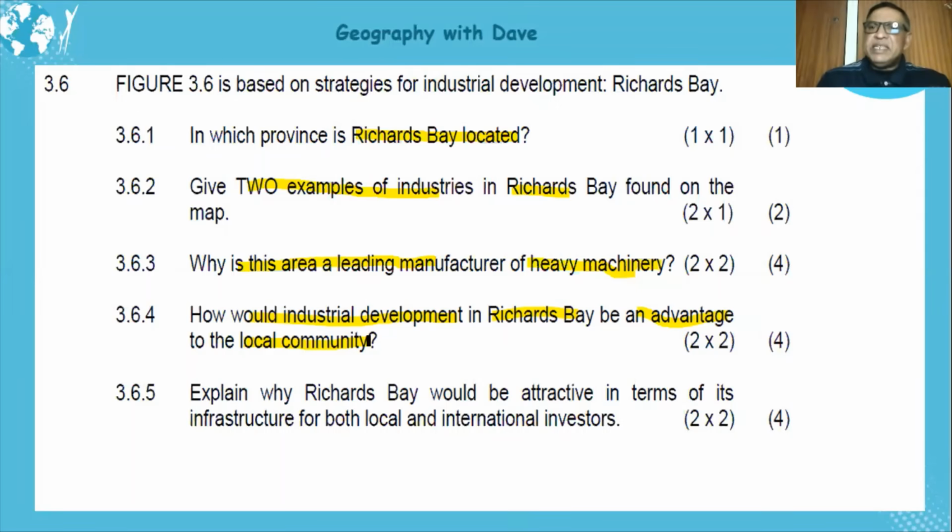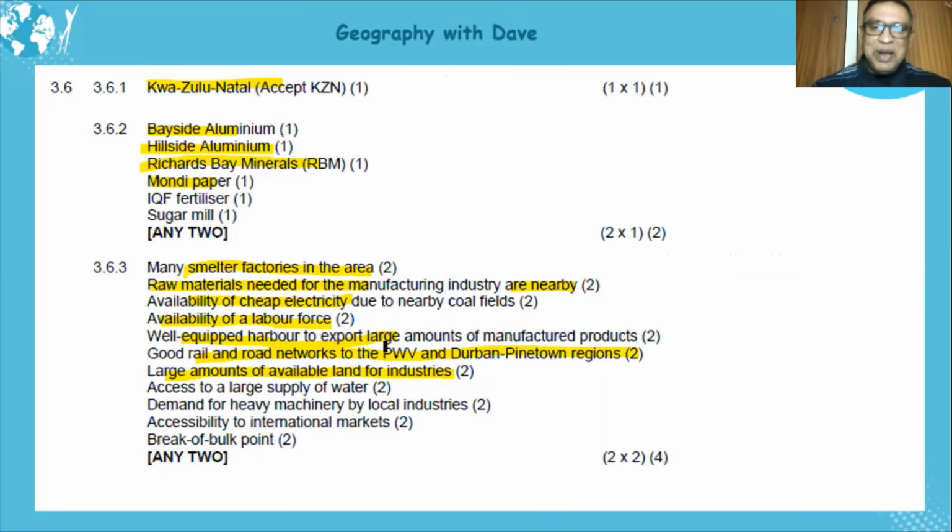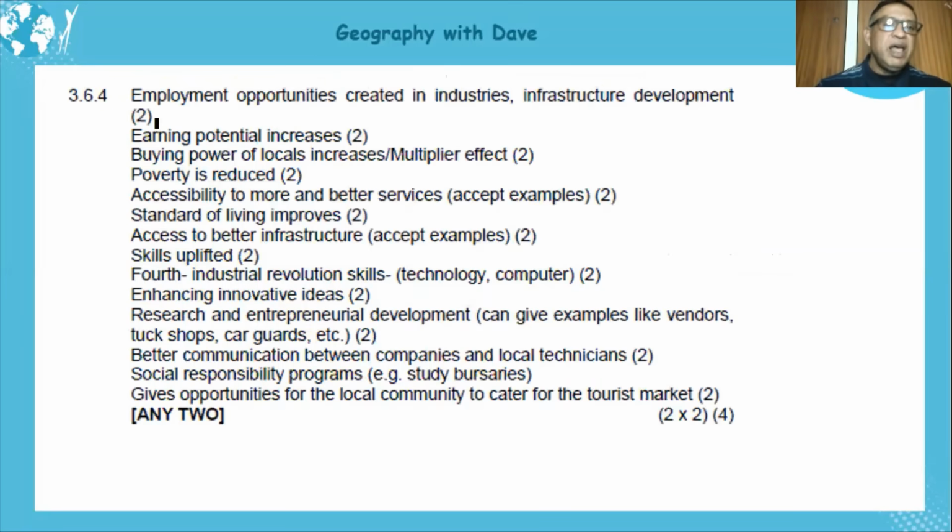And again, all we need to do is read. Learners, we need to read. Don't look at why would the industrial development in Richards Bay be an advantage. Whoa, I cannot read properly. It's specifically to the local community. And you've got the answers flowing now, isn't it? Provides employment and so on. You can go to town. Sorry, I'm using the word town.